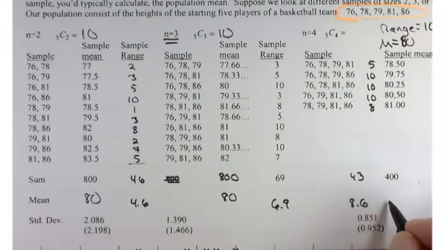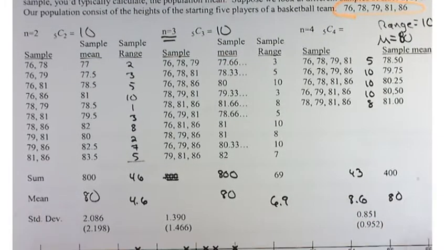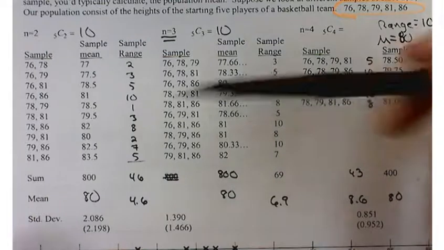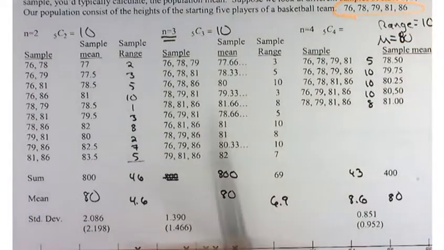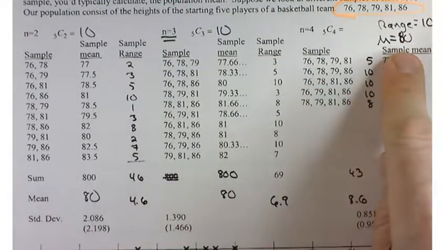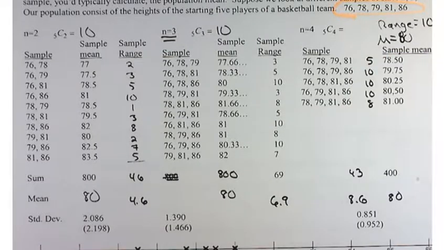Divide 400 by 5 and you get 80. Wow. So what's that saying? It says a sample mean is a good estimate of your population mean. On average, if you look at all the different possibilities, on average, your sample mean will give you the population mean. So that's a good quality from a statistic, and that makes this thing an unbiased estimator.